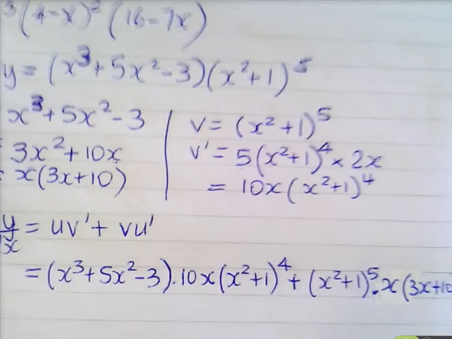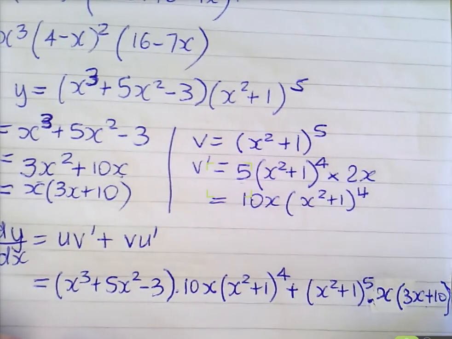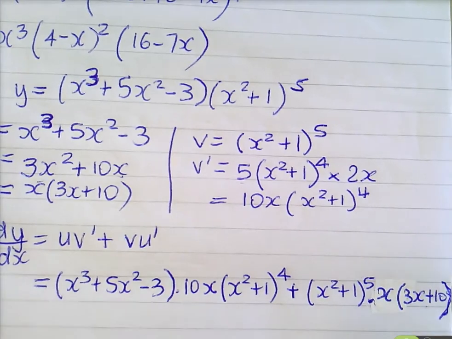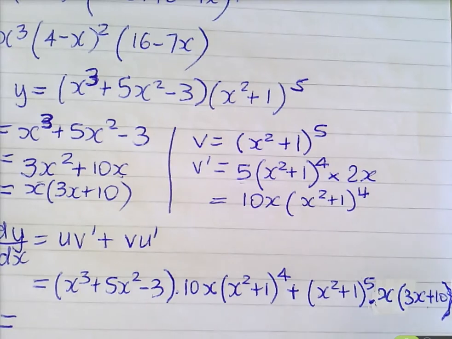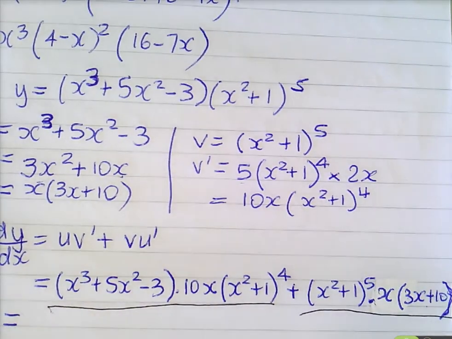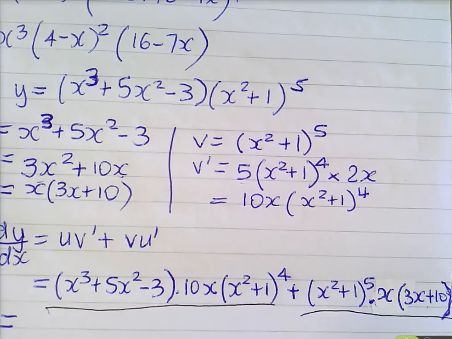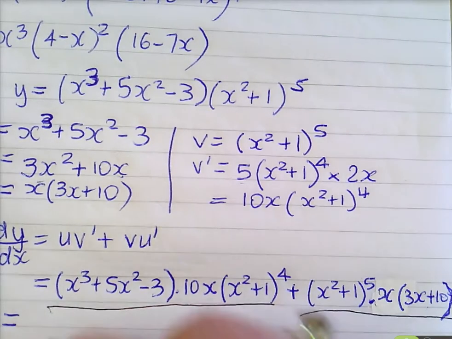Now, one sec. Got to be careful with this. Are we ready? So we've got equals. I've got two terms. First term, second term. Look at each one. There are no numbers that can be pulled out from what I can see. What about any x's? There is an x.